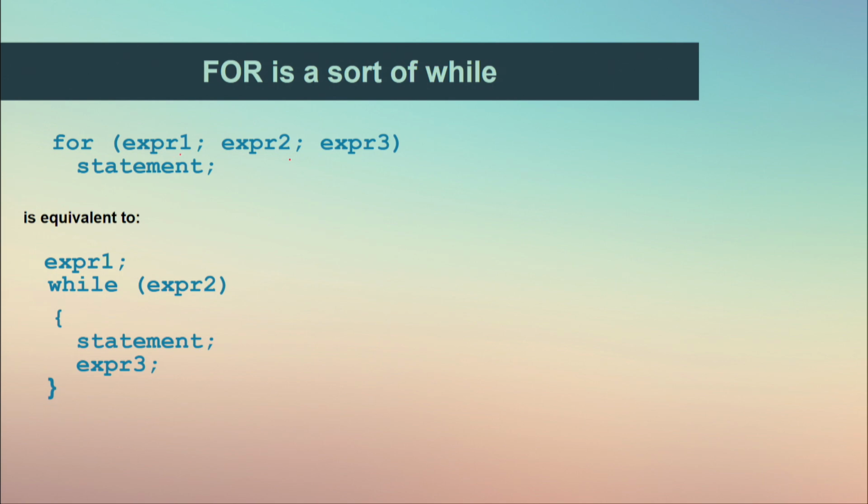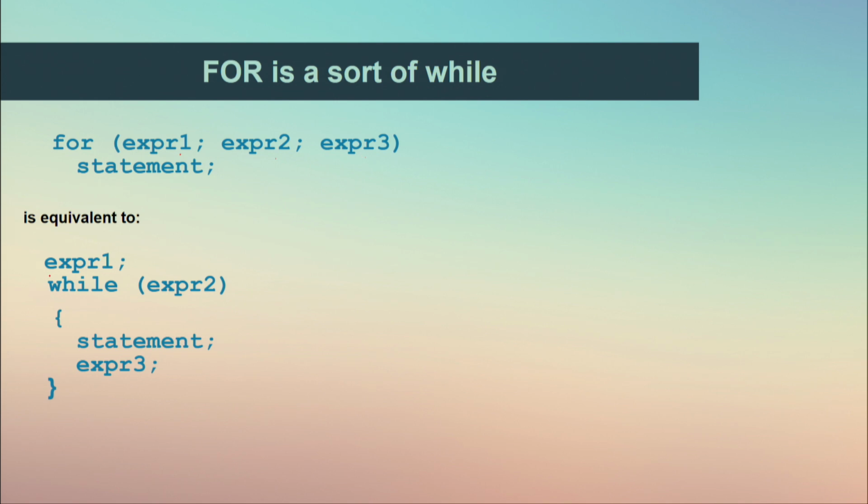A for loop can also be considered as a sort of while loop, where these three parts, the initialization, condition and the increment or decrement part, will also be available with the while loop.